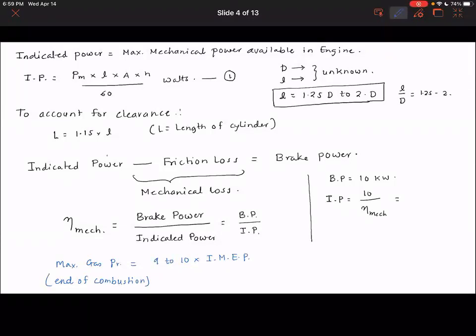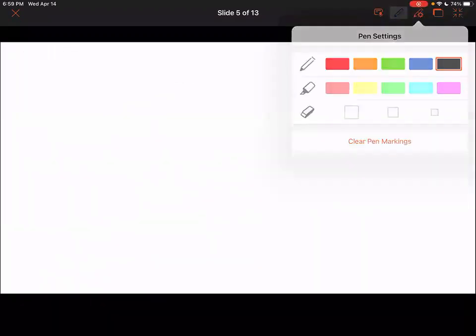So next part is we have to design the cylinder flanges and studs. The design of cylinder flanges and studs.